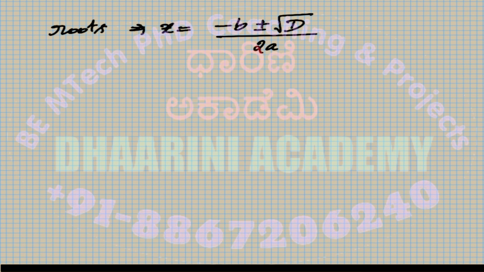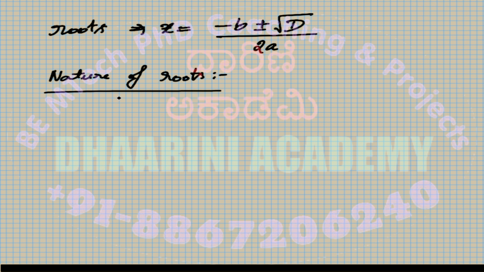All right, now depending upon the value of d, we have varieties of roots possible. So we look at the nature of the roots. So what is d? d is equal to b square minus 4ac.